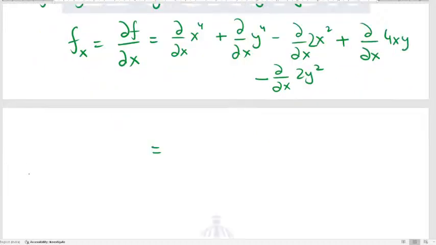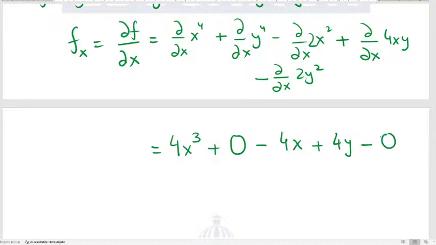There is no x in the y to the power 4 term, so there is no contribution there. So this will become 4x cubed plus 0 because y is a constant with respect to x, minus 4x because 2 comes outside, x squared becomes twice x, and it becomes 4x, plus 4y is a constant and dou by dou x of x would be 1, so it is 4y, and then finally the last term is minus 0.